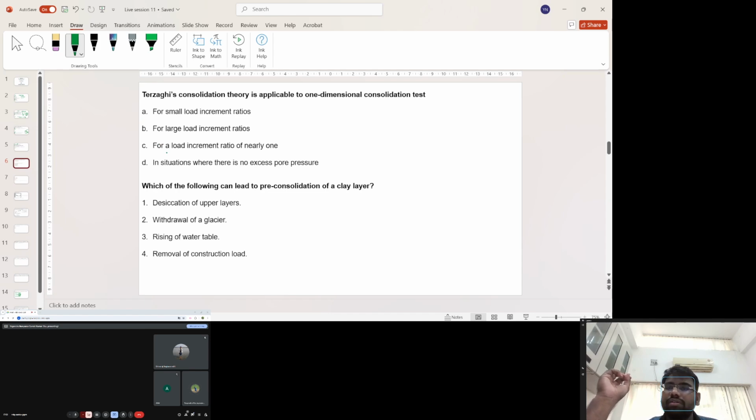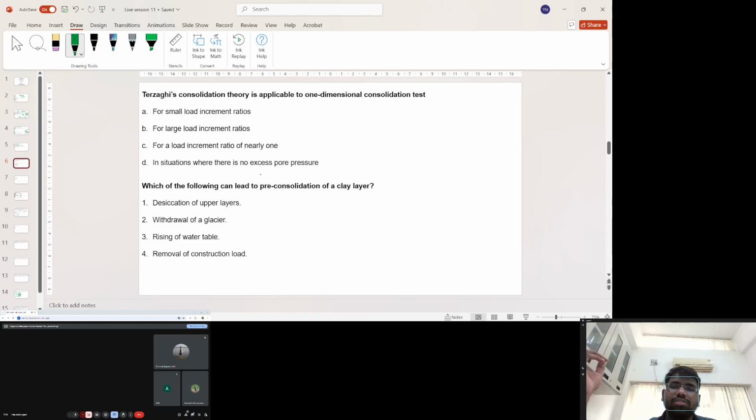All right. For a load increment ratio of nearly 1, that is the double, it need not be nearly 1. That also depends on the amount of existing load, so you cannot properly quantify that.